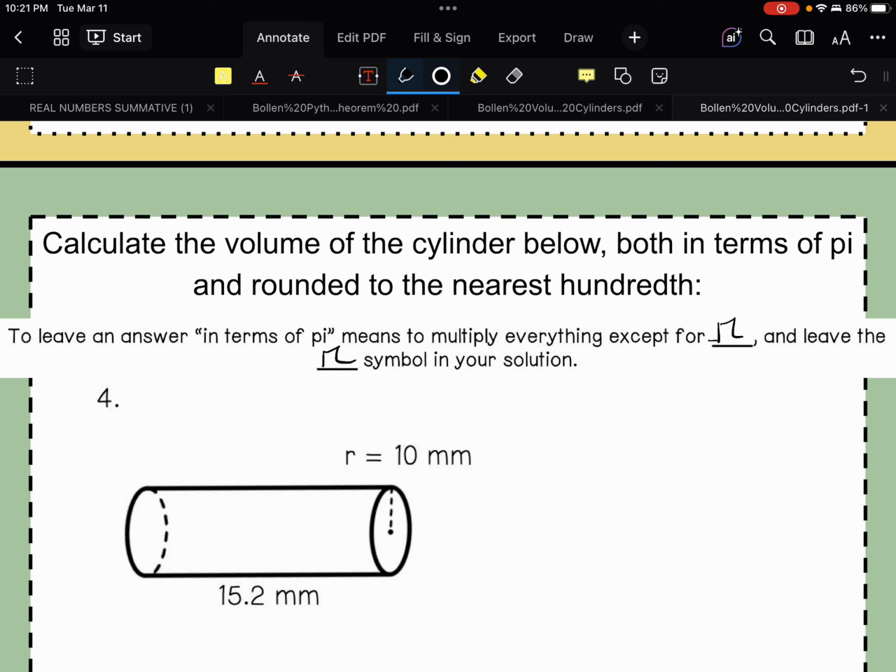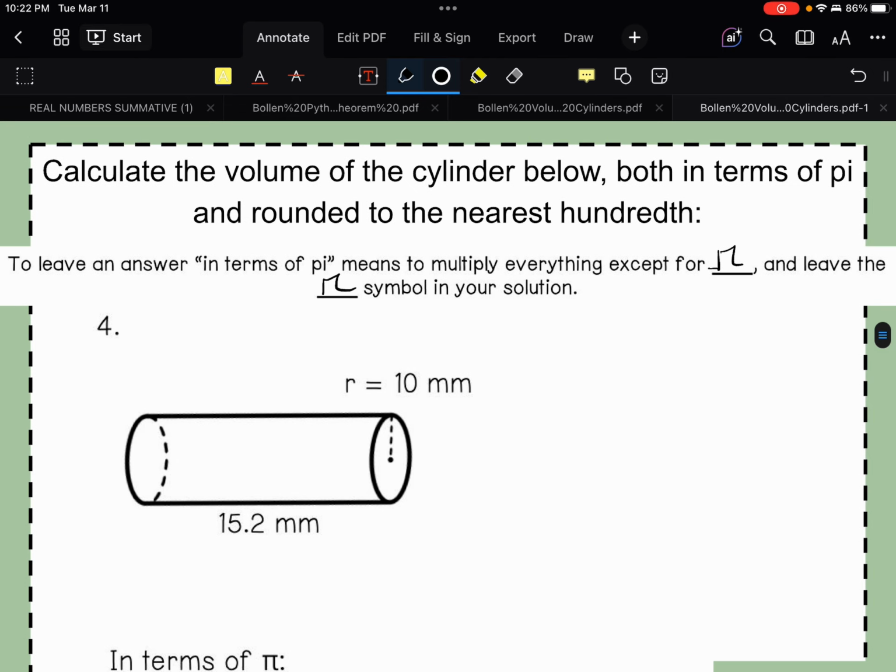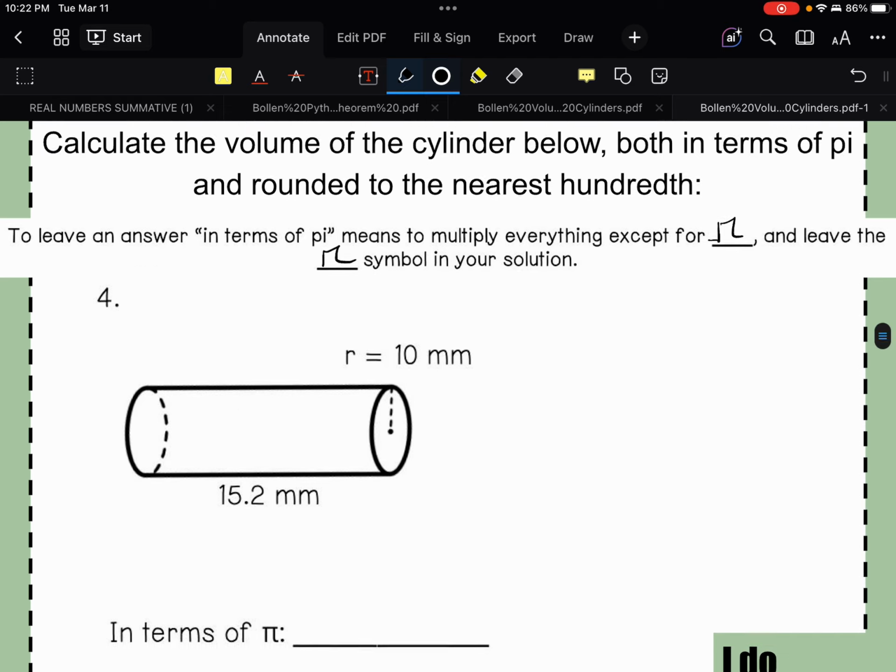This gives us a more exact answer because we actually have pi there. Because remember, pi goes on forever and ever. It's an irrational number. So when we multiply by 3.14, we're actually just getting a rounded estimate.